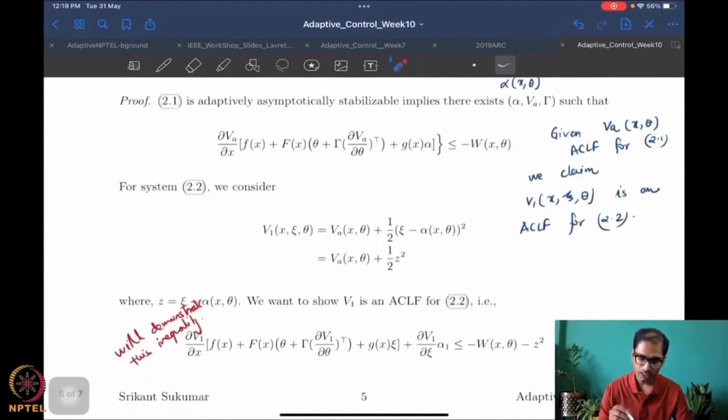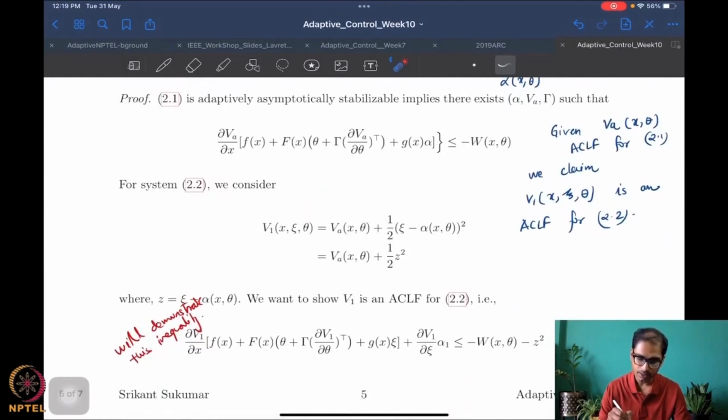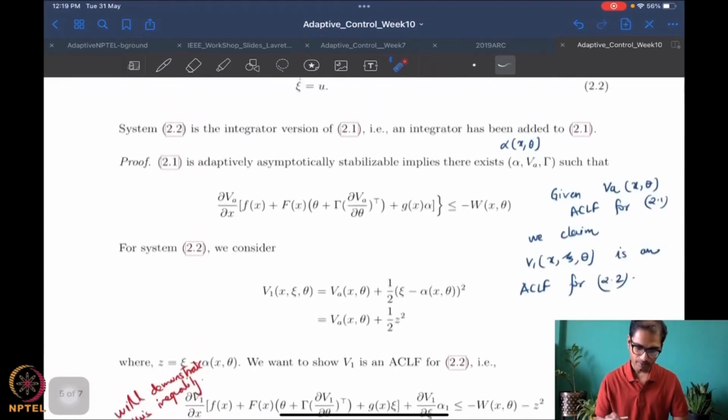The modification is basically theta plus gamma del V1 del theta transpose. Is this quite correct is what I'm wondering.